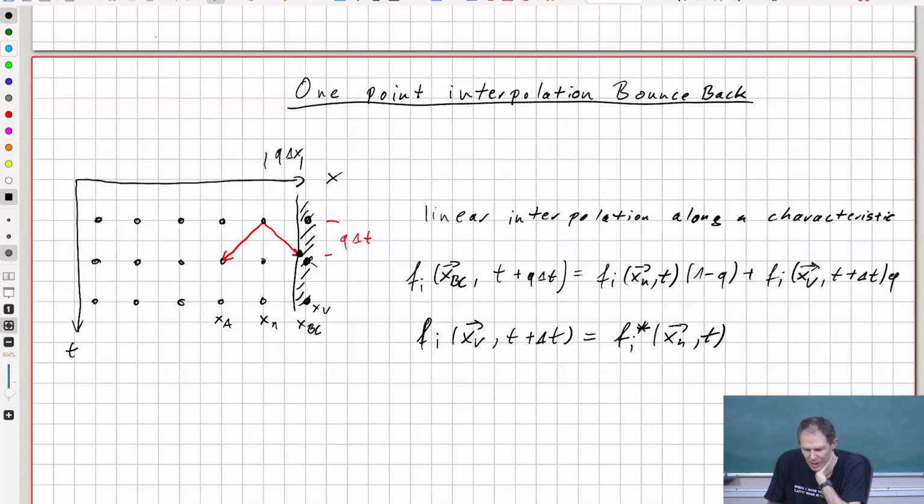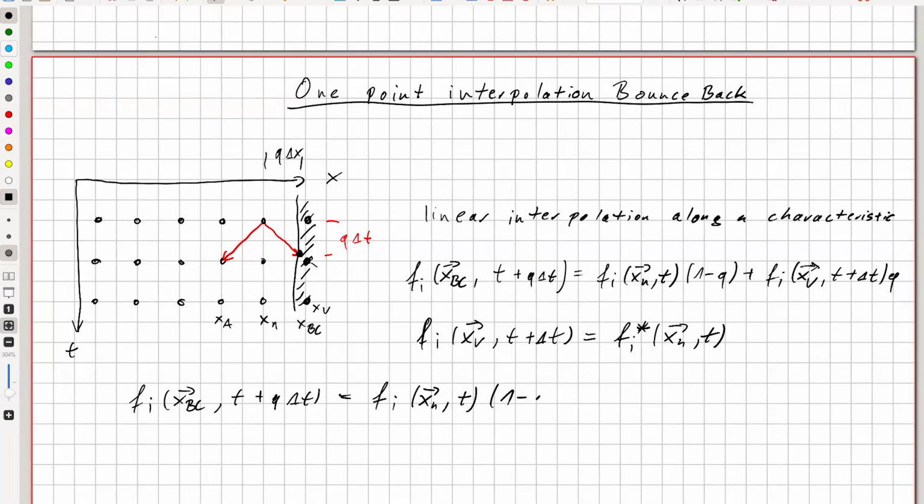So we can basically plug this in, and then Fi at the boundary at t plus q delta t is equal to Fi xn and t times 1 minus q plus Fi asterisk xn and t times q. Okay, so now everything just comes from this node so far, right?